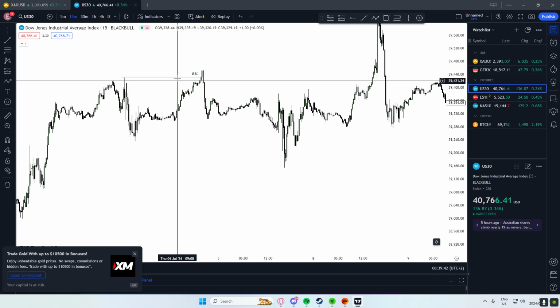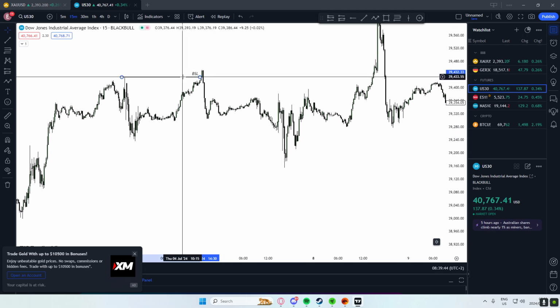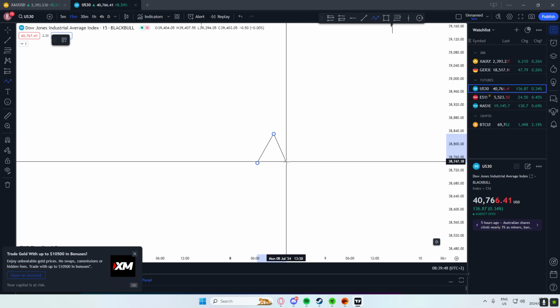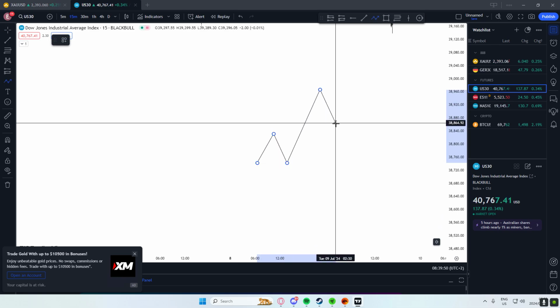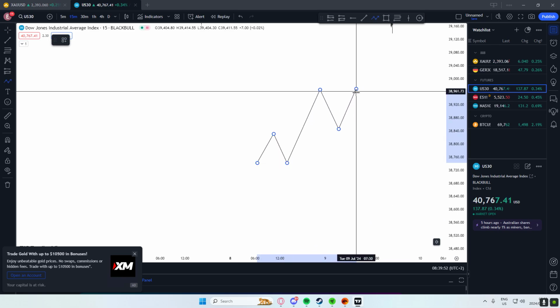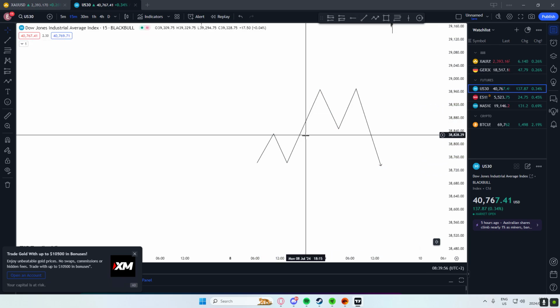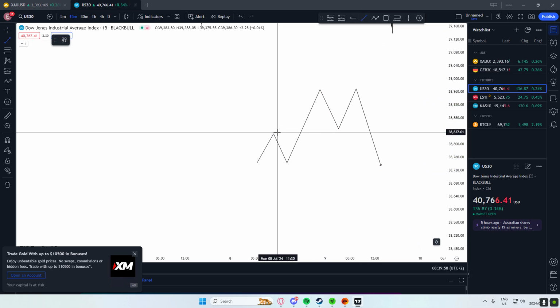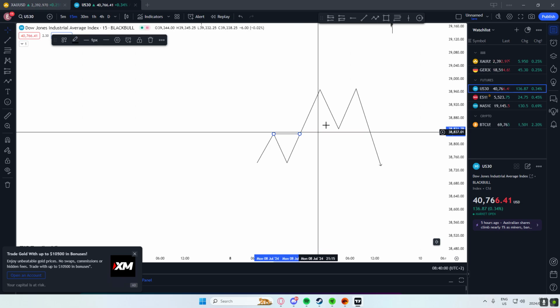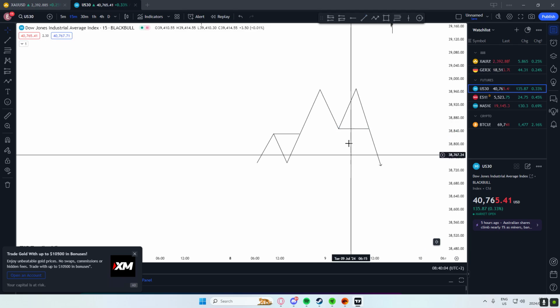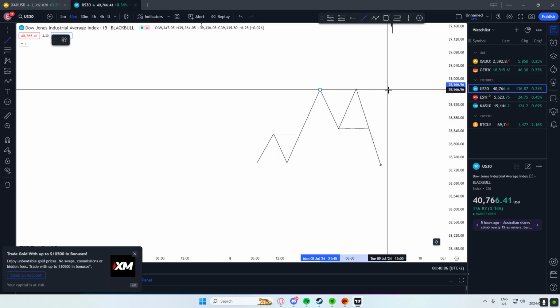And then there are two different types of liquidity. We have internal liquidity and we have external liquidity points.